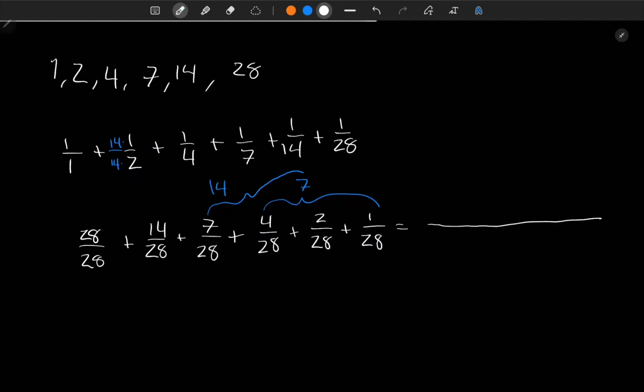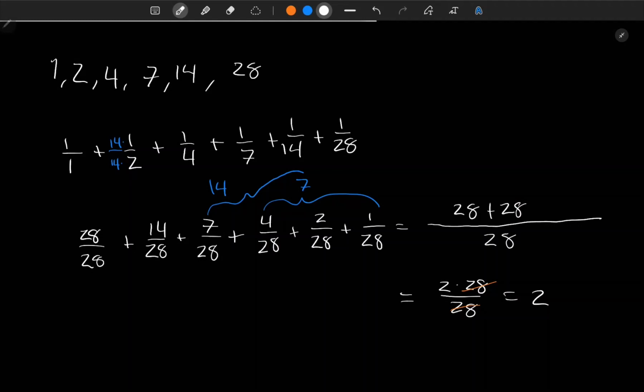So we have 28 plus 14 plus 7 plus 4 plus 2 plus 1. So that's 28 plus 14 plus 14. But 14 plus 14 is 28. So we have 28 plus 28 divided by 28. But that's just equal to 2 times 28 over 28. And we can cancel the 28 in the numerator and the denominator. So we get that this sum is equal to 2.